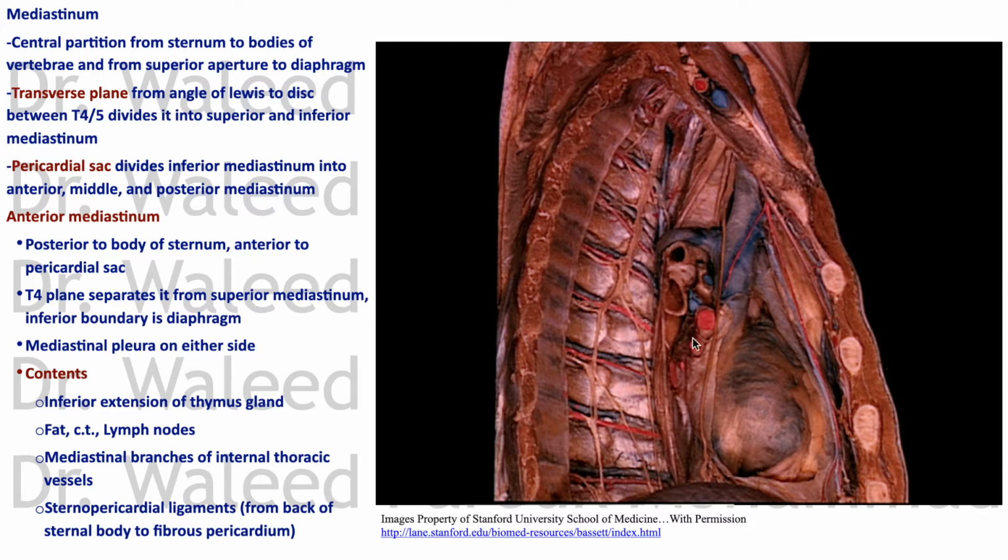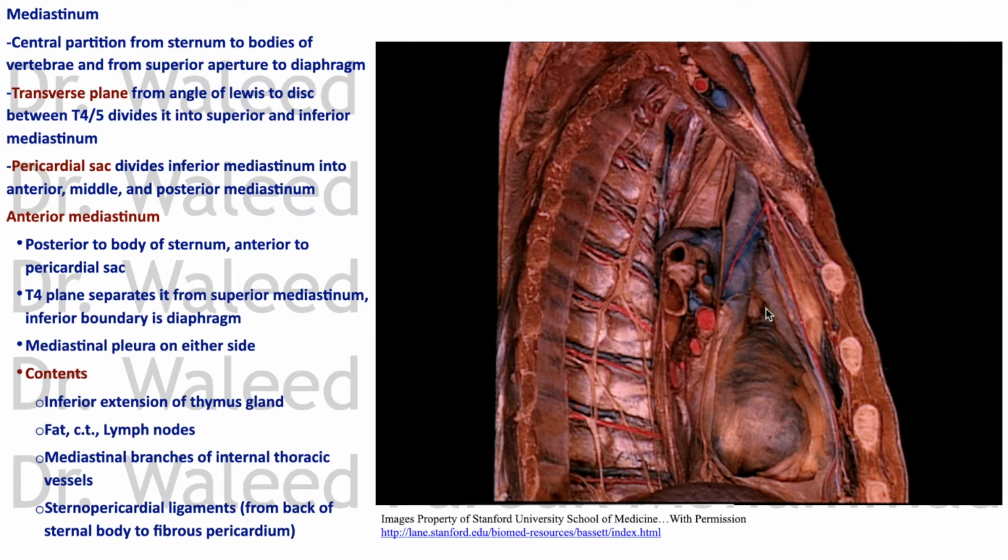All this is the mediastinum. A plane passing through the second rib, angle of Lewis of the sternum, to the disc between T4 and T5 divides the mediastinum into superior mediastinum and inferior mediastinum. Now, in the inferior mediastinum, you have the pericardial sac that contains the heart.